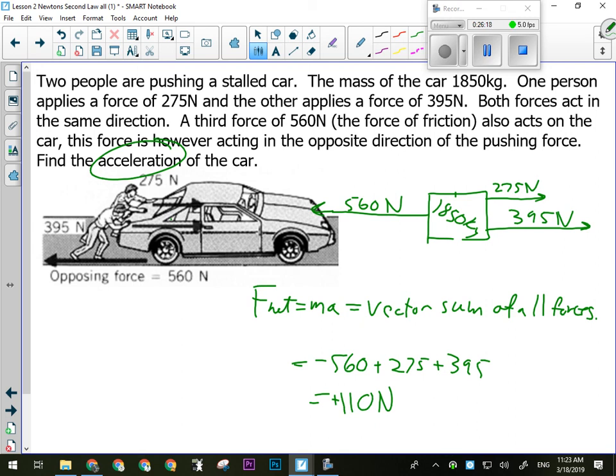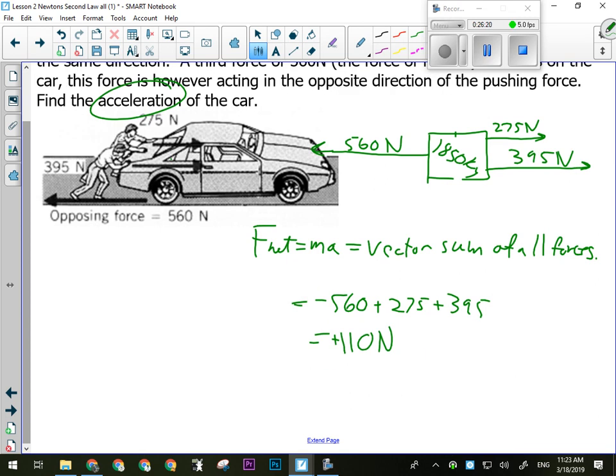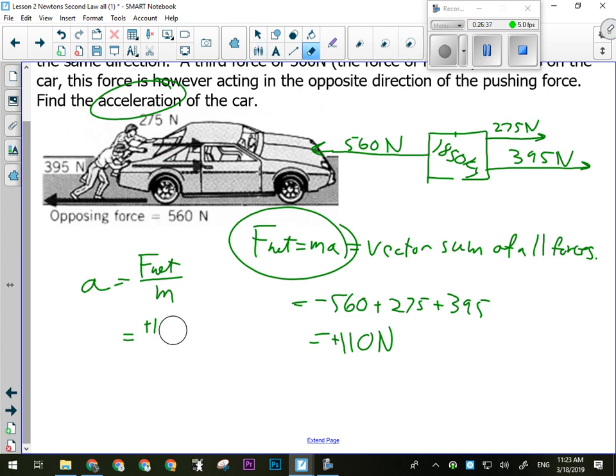Okay, so I've got that. Now I can use this formula because I have F net and I have the mass of the car. Now I can find the acceleration, F net over m. So I take my 110 newtons and divide that by the mass of the car.